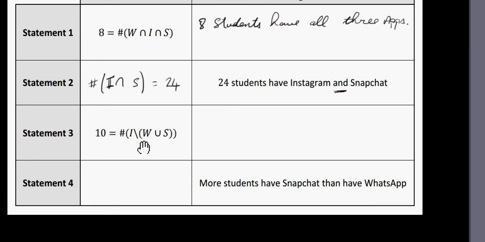That's what this means here. So let's just write that down. It's 10 students have Instagram but not WhatsApp or Snapchat.